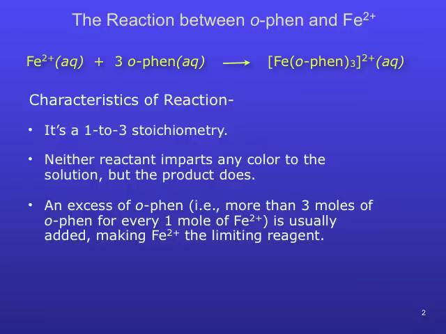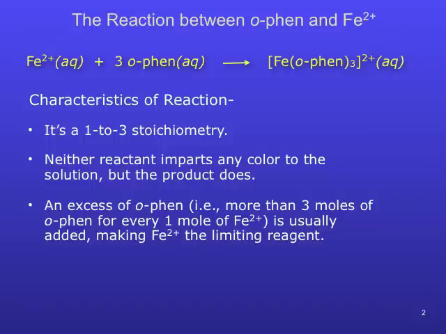A solution of known concentration of iron 2 is reacted with a solution of known concentration of orthophenanthroline to form the ferroin complex. The characteristics of this reaction are a 1:3 stoichiometry, only the product imparts any color to the reaction solution, and when forming ferroin, an excess of orthophenanthroline is added, making iron 2 the limiting reagent in forming this complex.